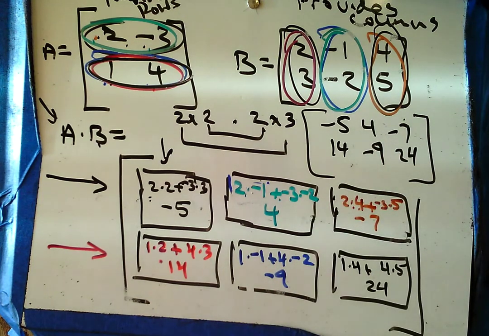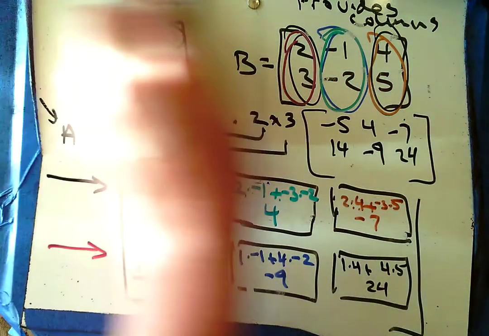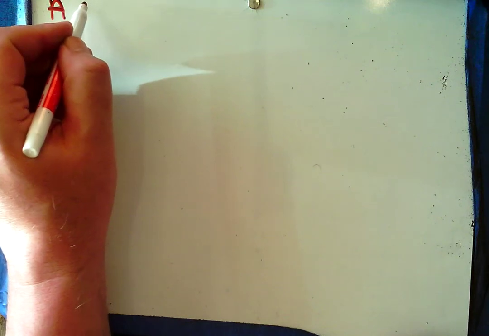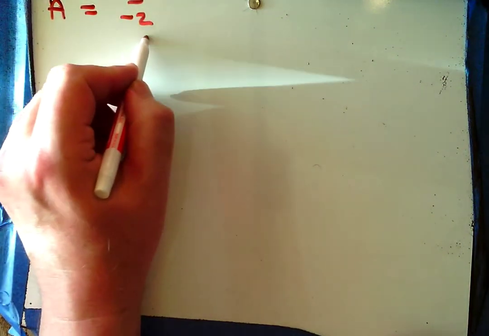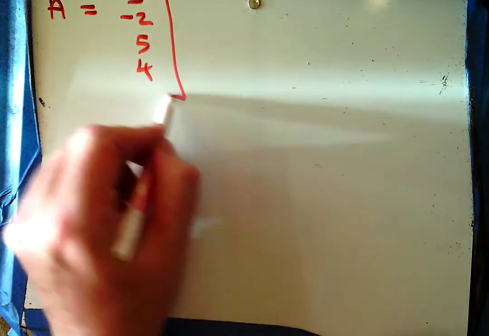All right? Well, I think it's your turn. Let's have you do a problem or two. Let's first consider A equals 3, negative 2, 5, 4.